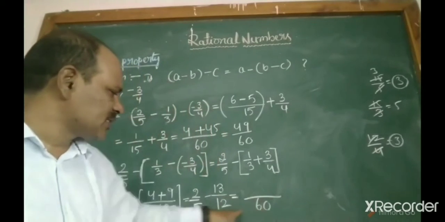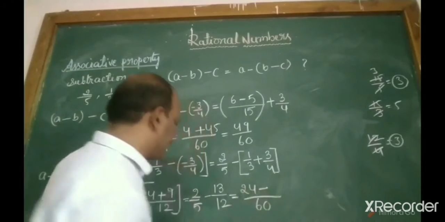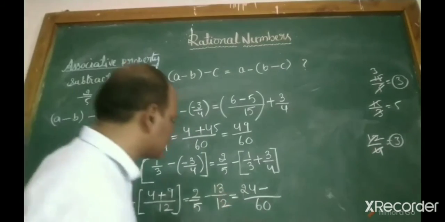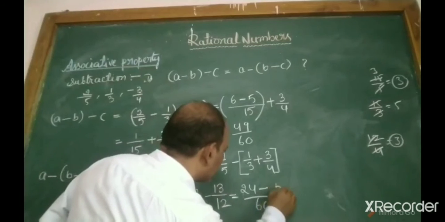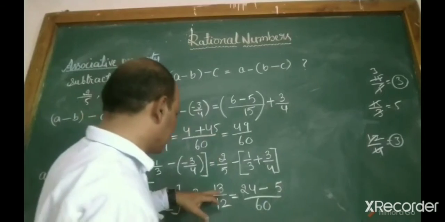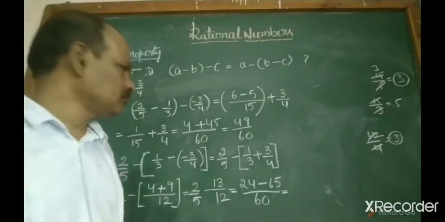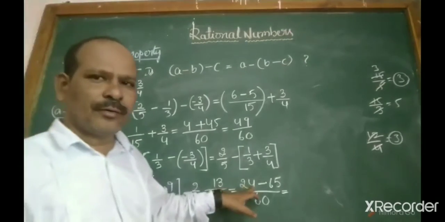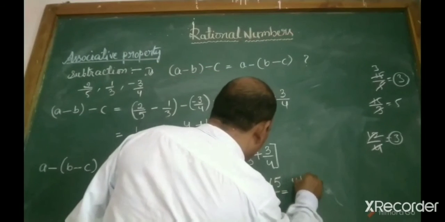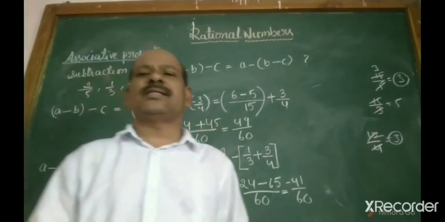This 5 will go in 60 12 times. 12 into 2, 24, minus 12 into 13, 65. So minus 41 by 60.